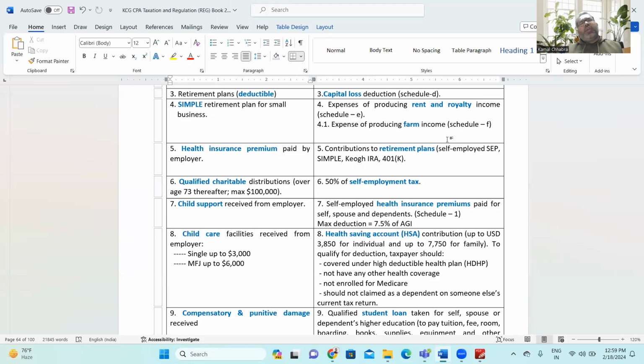When the taxpayer is working as a sole proprietorship or a partnership firm, that individual has to pay 50% of self-employment tax for himself or herself, or 50% of the self-employment tax is being paid by the sole proprietorship or the partnership firm.